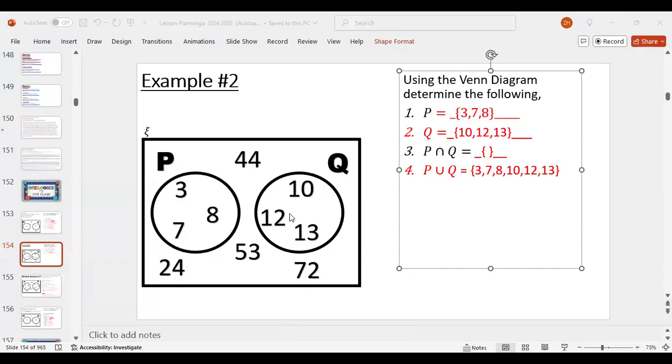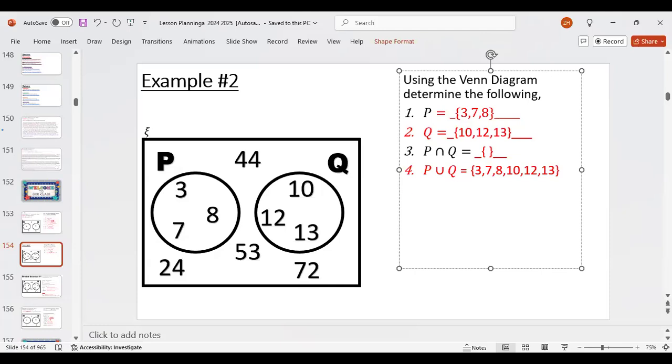Very good. So only set P and set Q. Chatina Gilton, you understand? How do we get the union? Everything in P and Q combined, right? Yes, sir. Good. So we know what P is, we know what Q is, we know what P intersect Q is, we know what P union Q is.